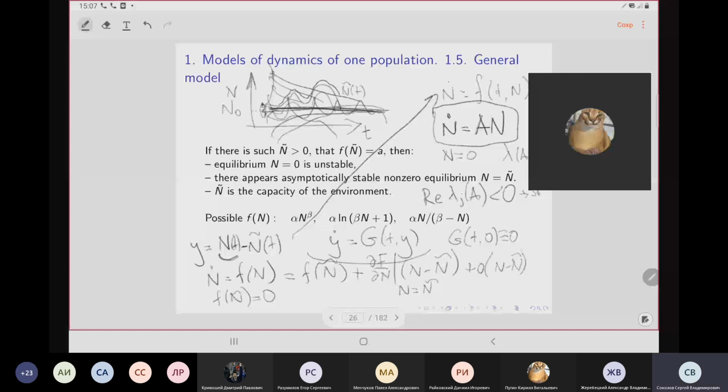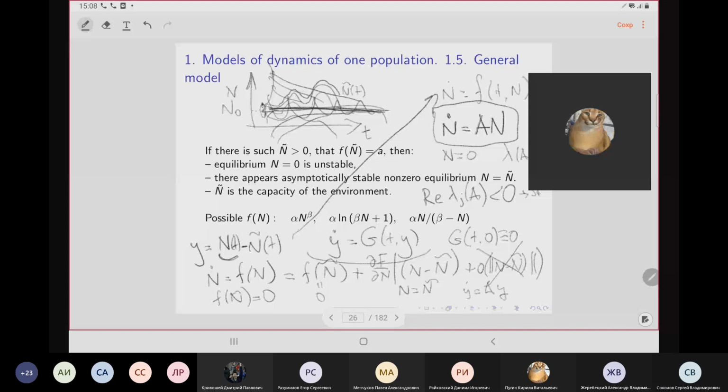So we neglect this small summand. The first term is 0 because n tilde is an equilibrium. And then, substituting n minus n tilde as, for example, y, we get the equation like y dot is A y.